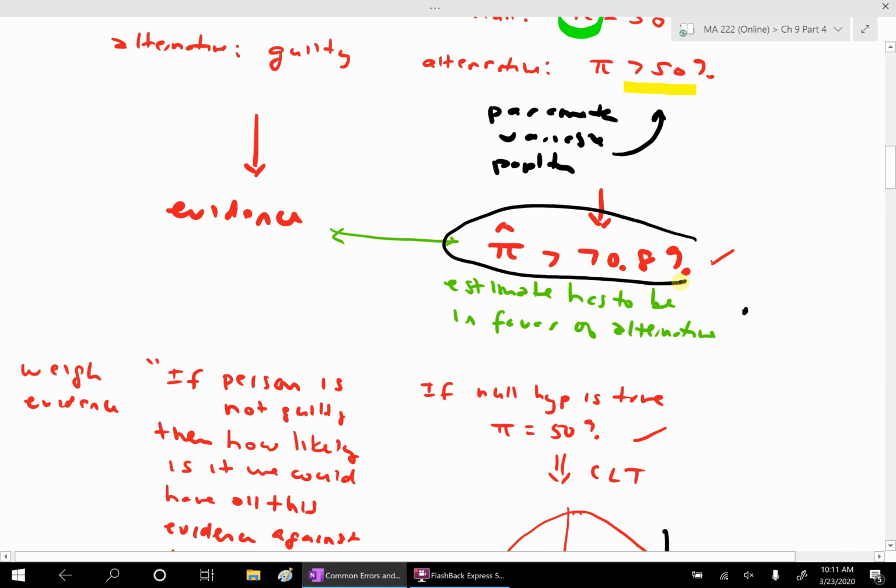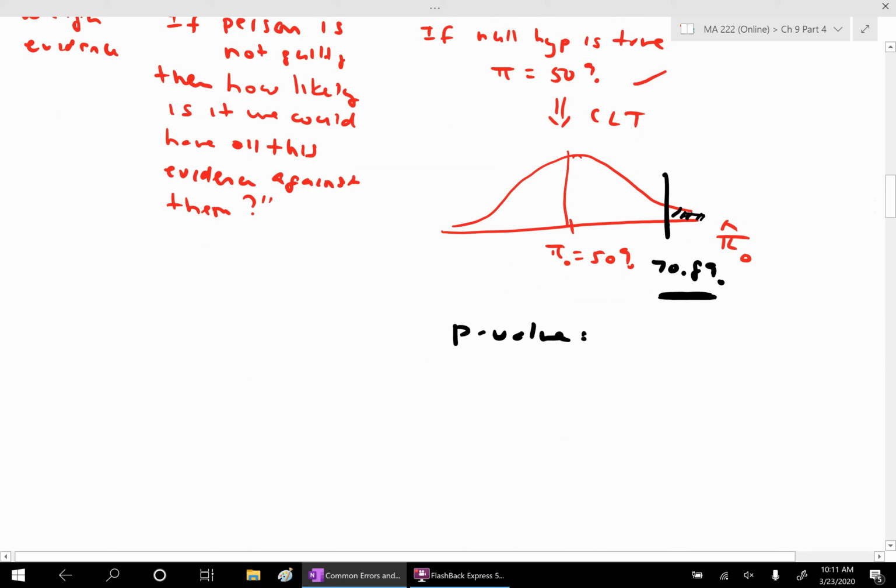And we say how likely is it that we get an estimator 70.8% or larger if the null hypothesis is true. Okay? And we found out in this case the p-value was, in our particular case, actually less than 2.5%.